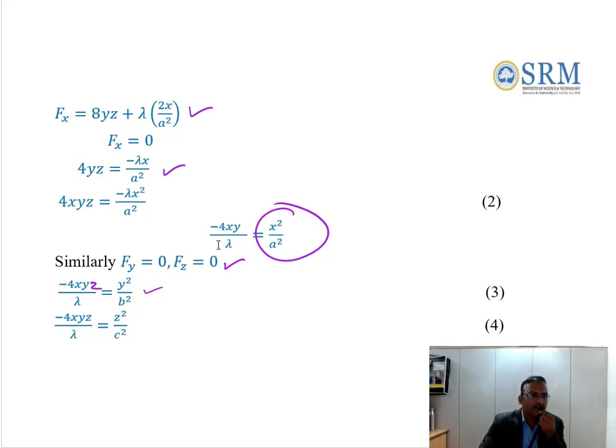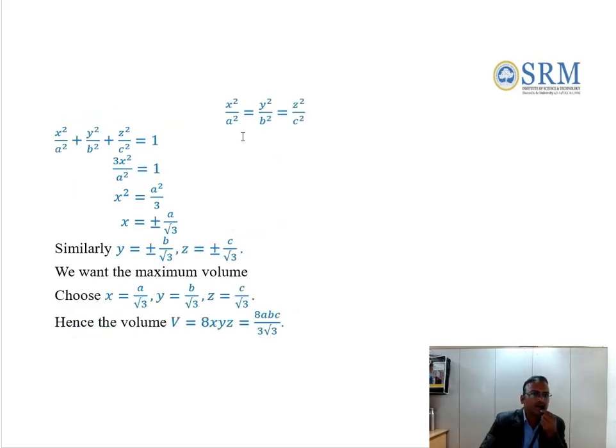So what it says is the left hand side is the same, so minus 4xyz divided by lambda equals x square by a square. Here also, therefore the right hand side is the same. So x square by a square equals y square by b square equals z square by c square.